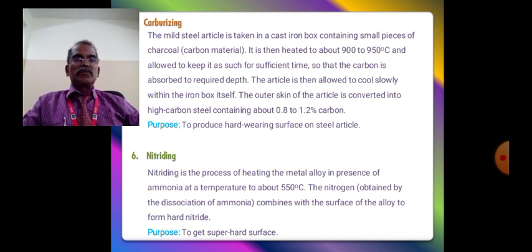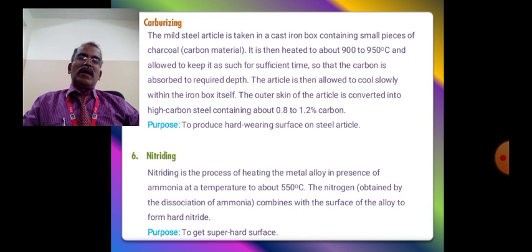At this temperature, the charcoal's carbon is absorbed to a required depth.